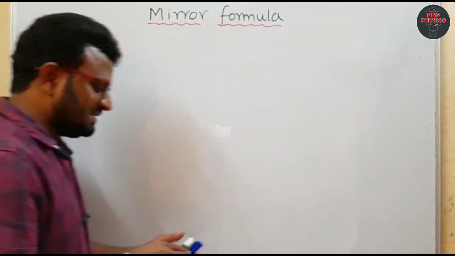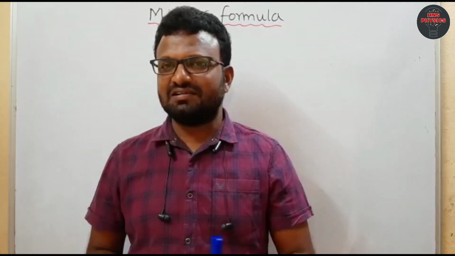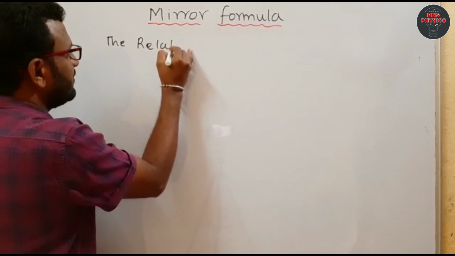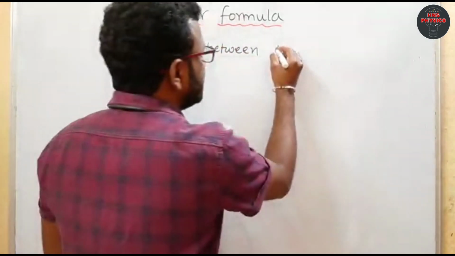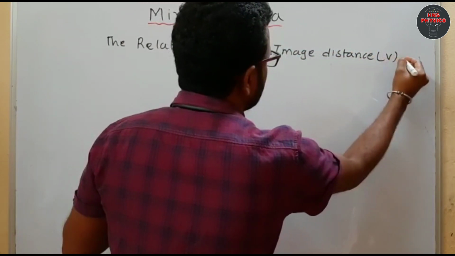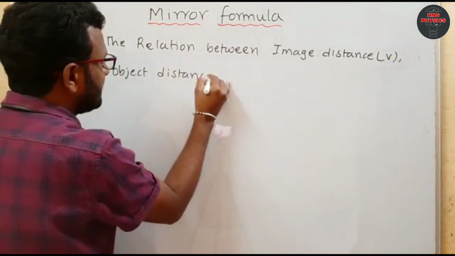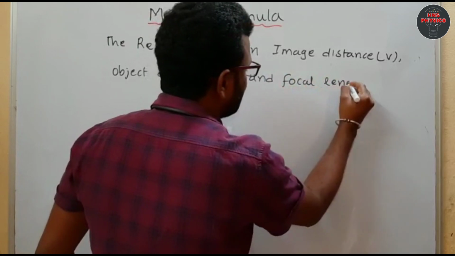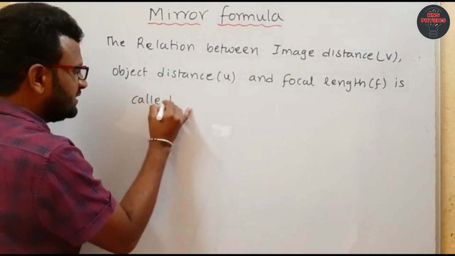Mirror formula. Mirror formula is nothing but the relation between image distance, object distance and focal length. This is called the mirror formula.